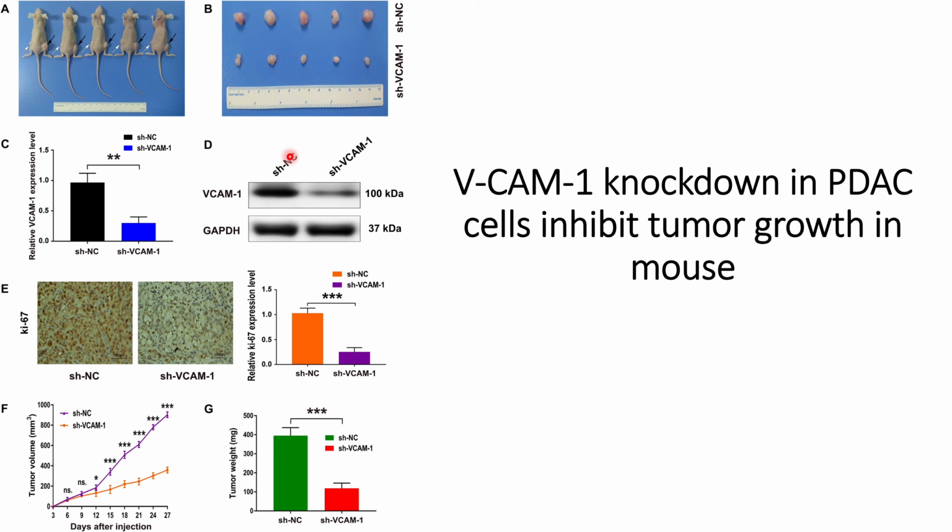And this has also been validated using the Western blot, where we can see that VCAM expression levels are low where VCAM-1 is inhibited in the pancreatic cancer cell lines.